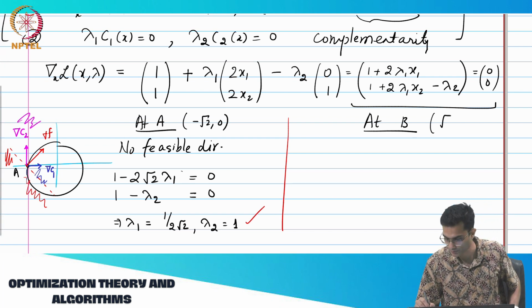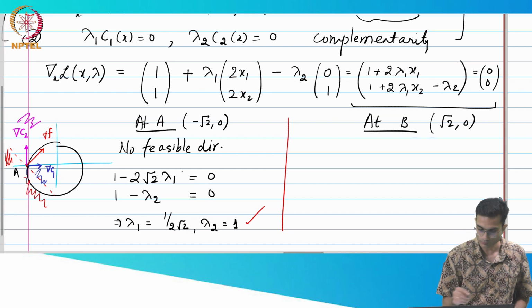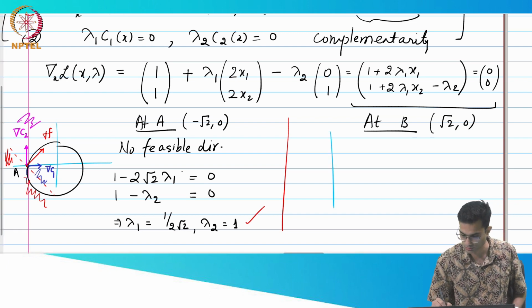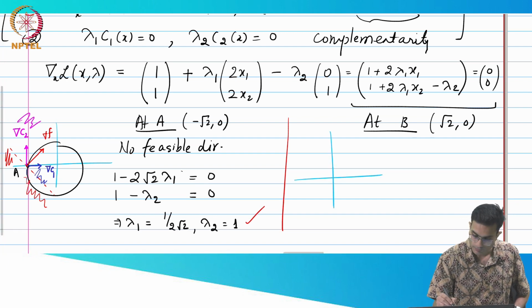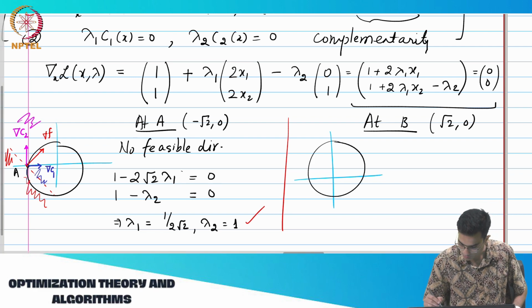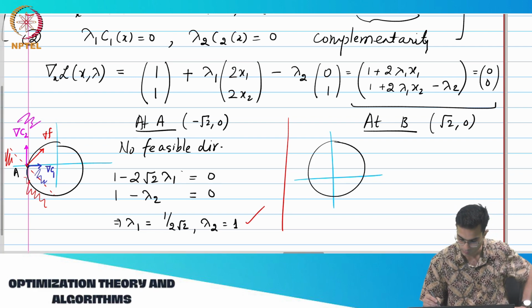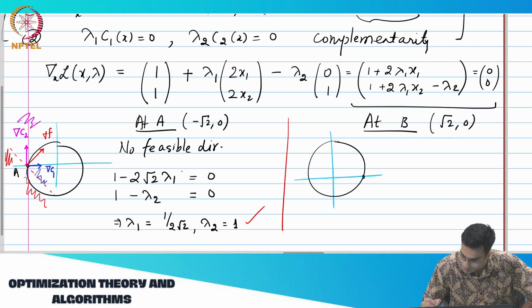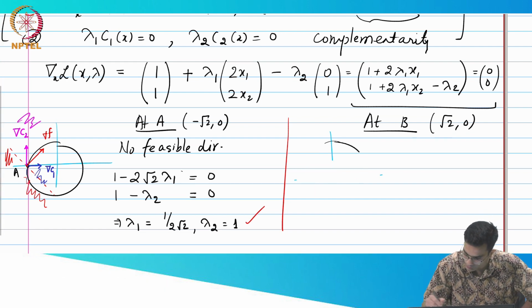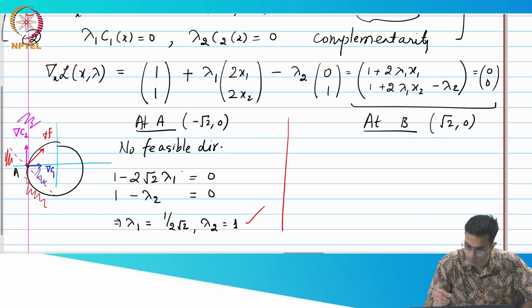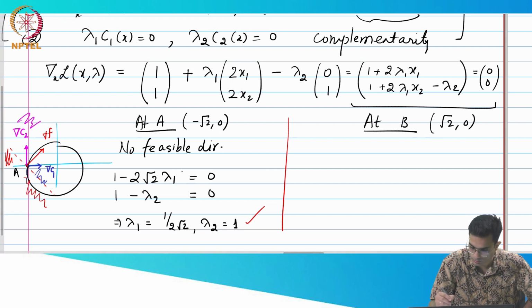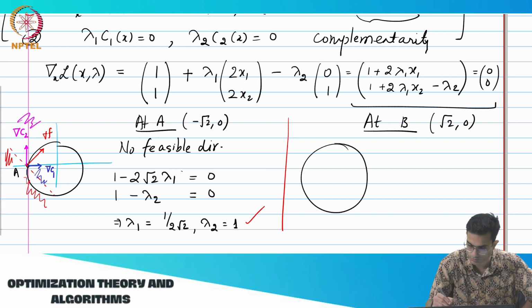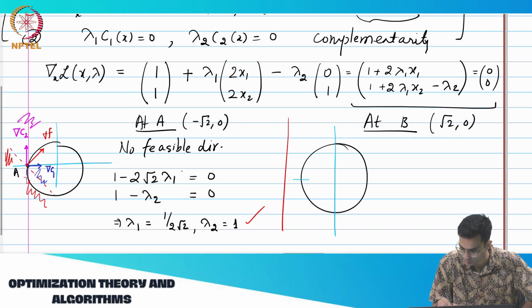So at point B my directions are like so. Draw this over here. Okay, this is a terrible diagram. Draw the circle first.